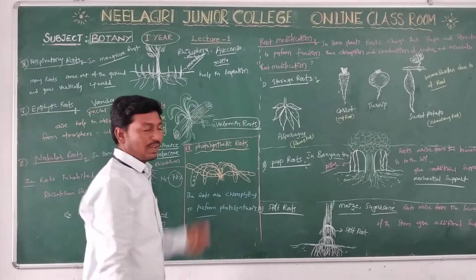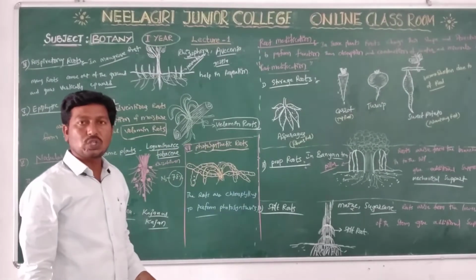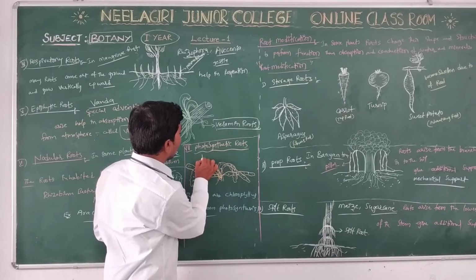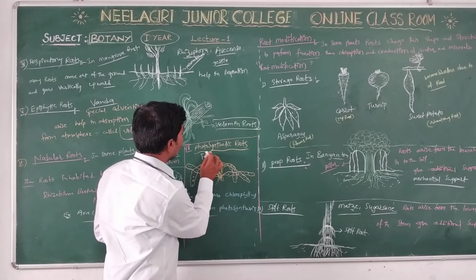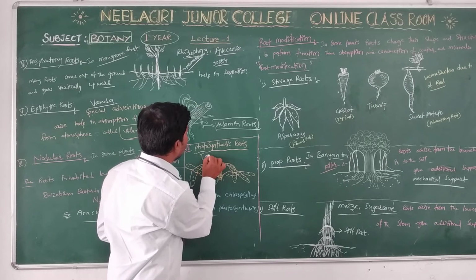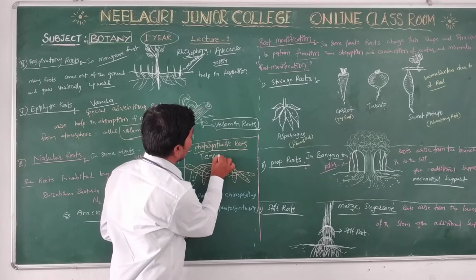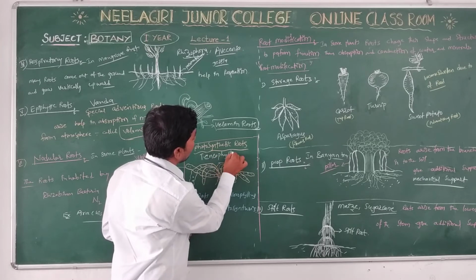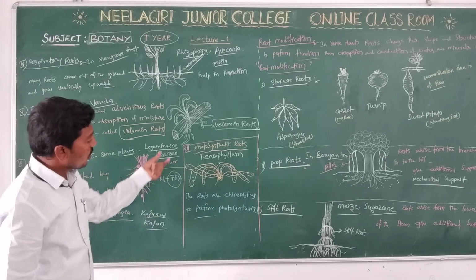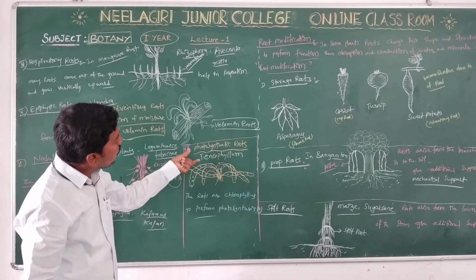Next, the seventh one, photosynthetic roots. The best example is Taeniophyllum. The roots are chlorophyllous.